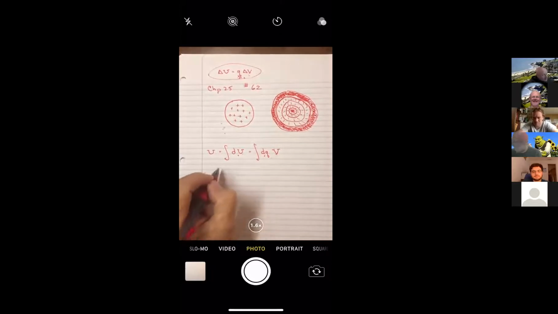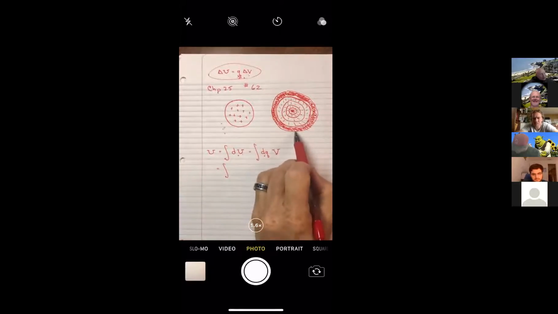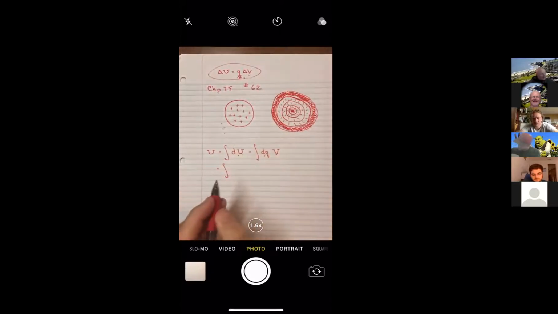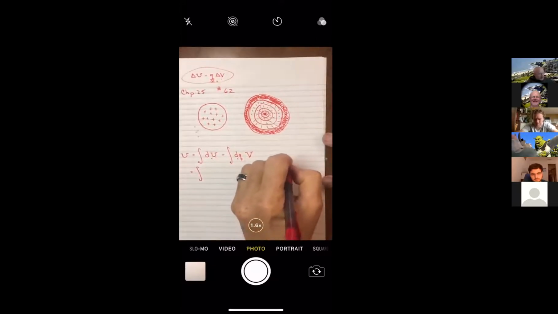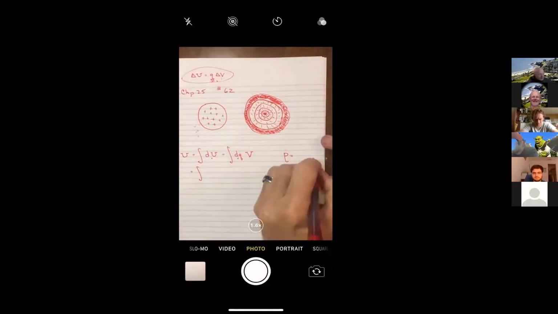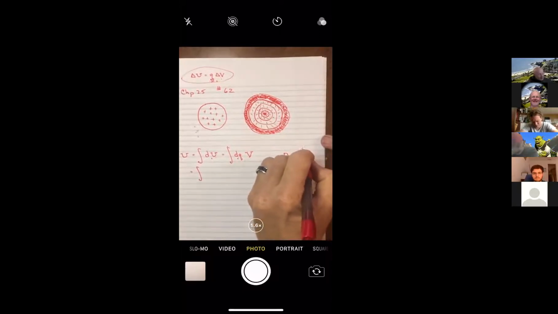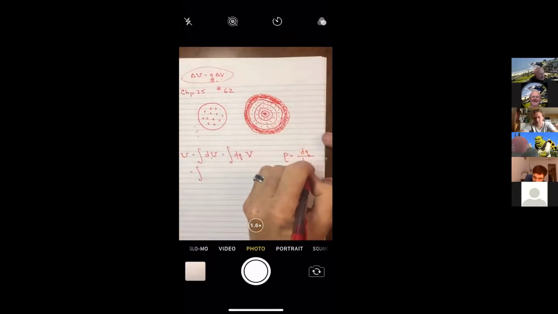And this is where their hint is. They're saying you can think about how much charge you're placing here by remembering, and I'll put it off to the side, that density is the little bit of charge that is on here divided by the, I'm going to spell it out, volume.